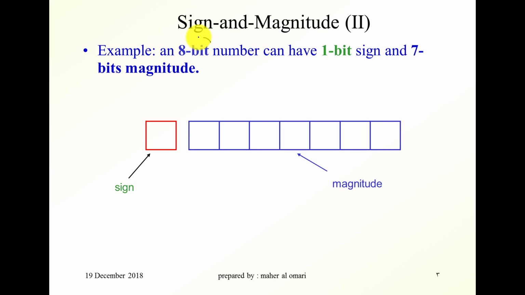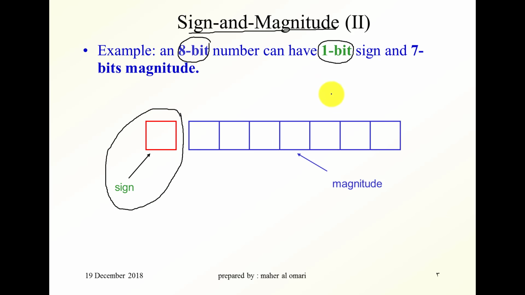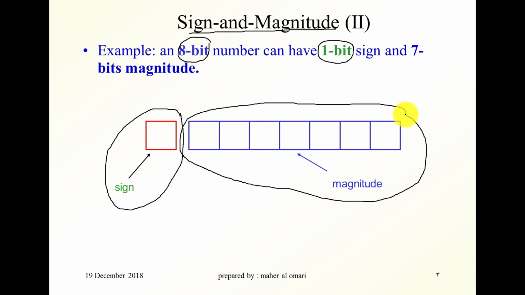So if we have an 8-bit number and we want to represent it in sign and magnitude notation, the first bit, which is the most significant bit, is the sign bit, and the rest of the number is the magnitude, 7 bits.